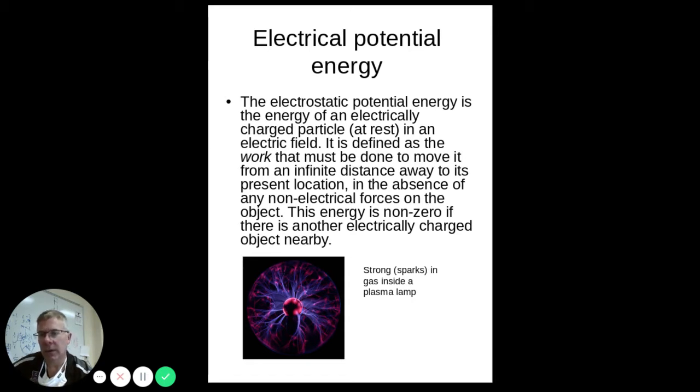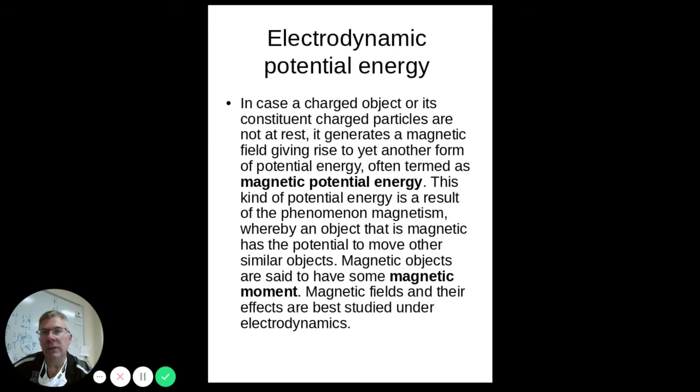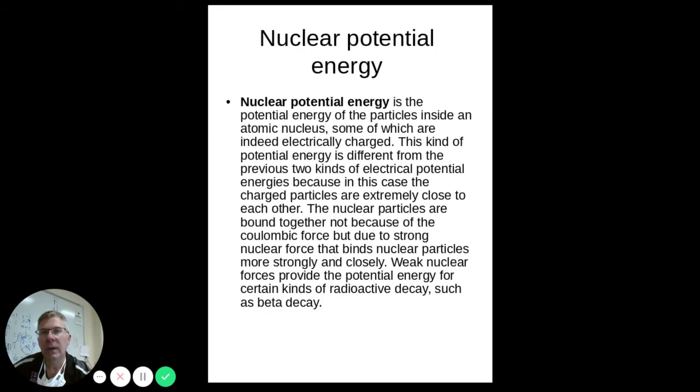We're not even really going to go into this. This is physics 2, okay? I'm just showing it there so that you have it. Electrodynamic potential energy is simply magnetic energy. Same thing, physics 2, so I won't go into that either.